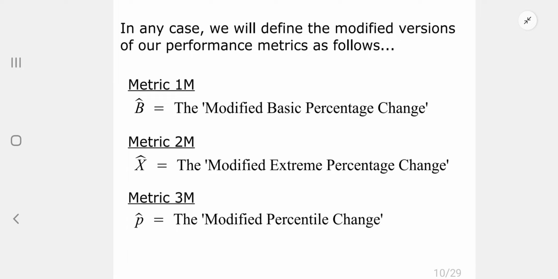Metric 1M, which equals B hat, which equals the modified basic percentage change. Metric 2M, which equals X hat, which equals the modified extreme percentage change. And metric 3M, which equals P hat, which equals the modified percentile change.